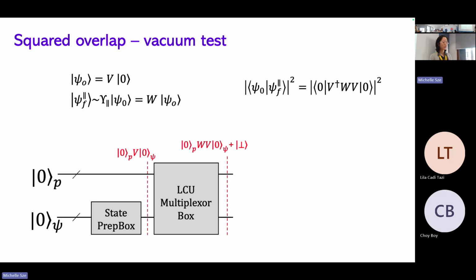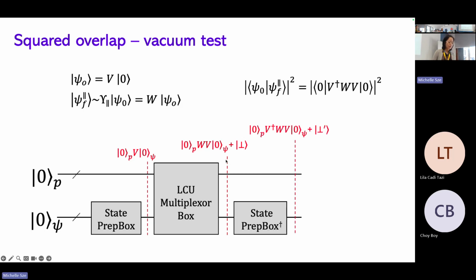So here we're only doing the reduced LCU squared overlap. And then you do your LCU for this operator. So you'll evolve to this state and then do this unprepare again to get your squared overlap.